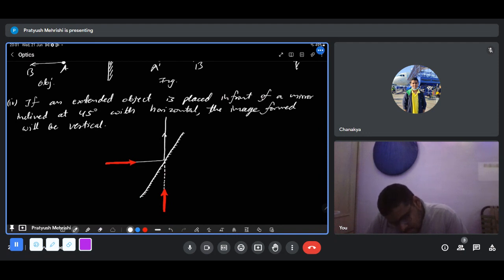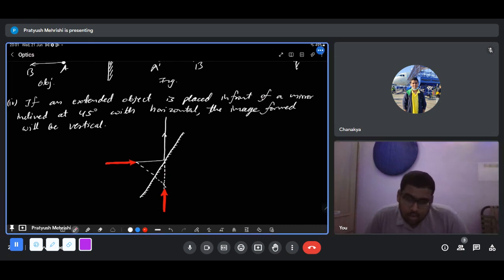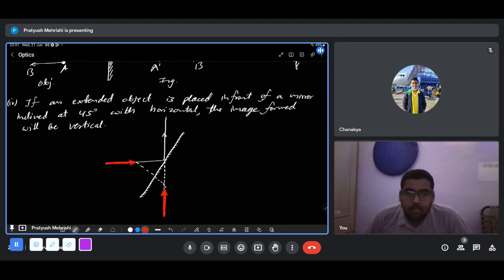Draw this diagram. It is an exceptional case in the case of mirrors. In a mirror we said that object distance should be equal to image distance.